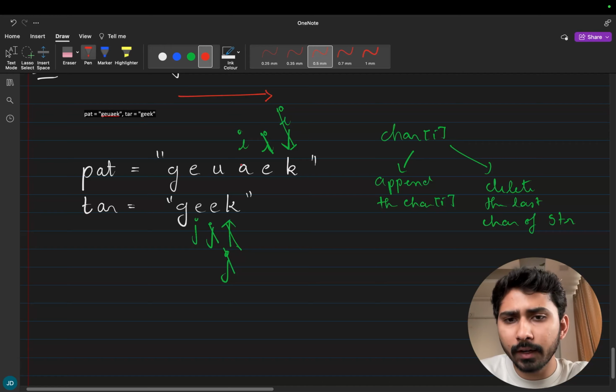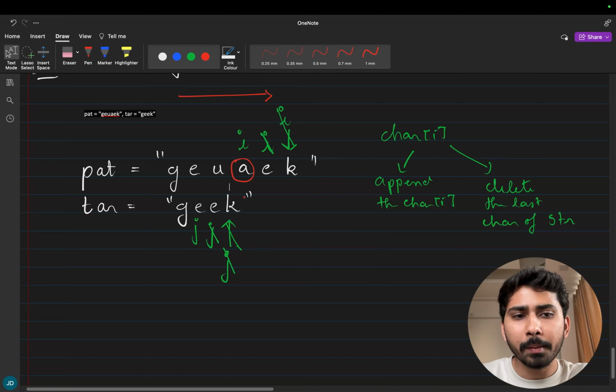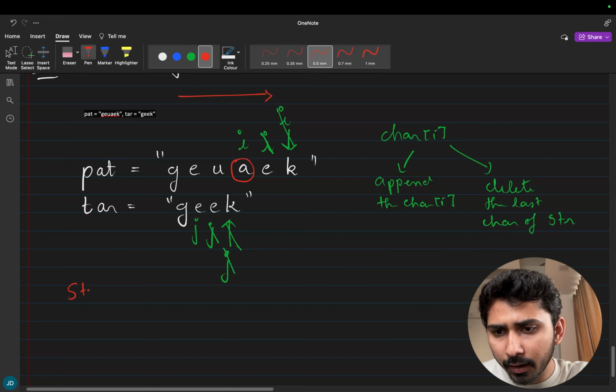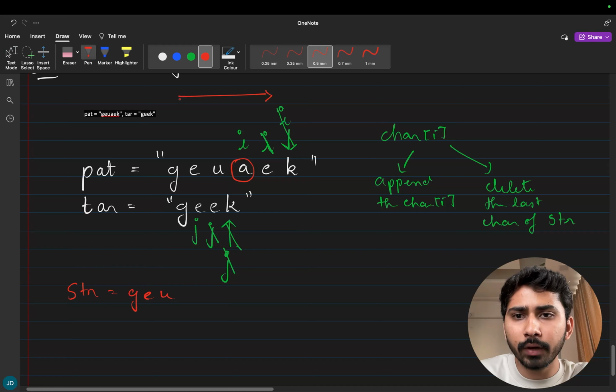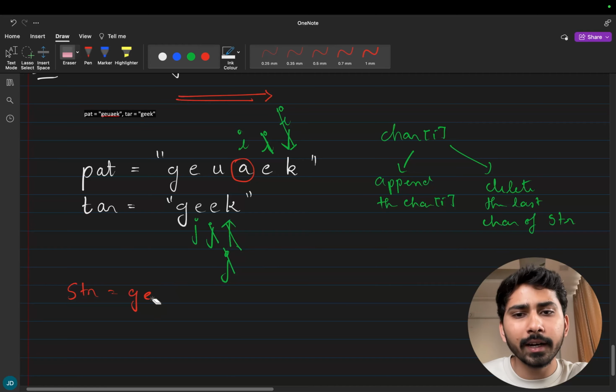When we observed this A, do you remember that we applied the delete operation for A? The string str had GEU, and when A was observed while iterating from left to right on pet, we deleted the last character of str. So this delete operation says that you are deleting it.